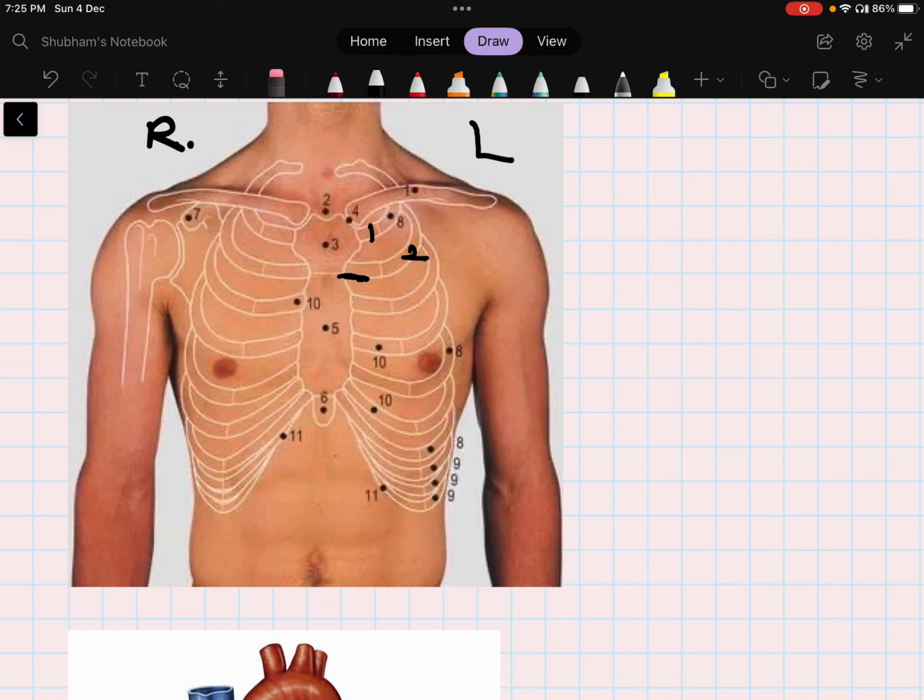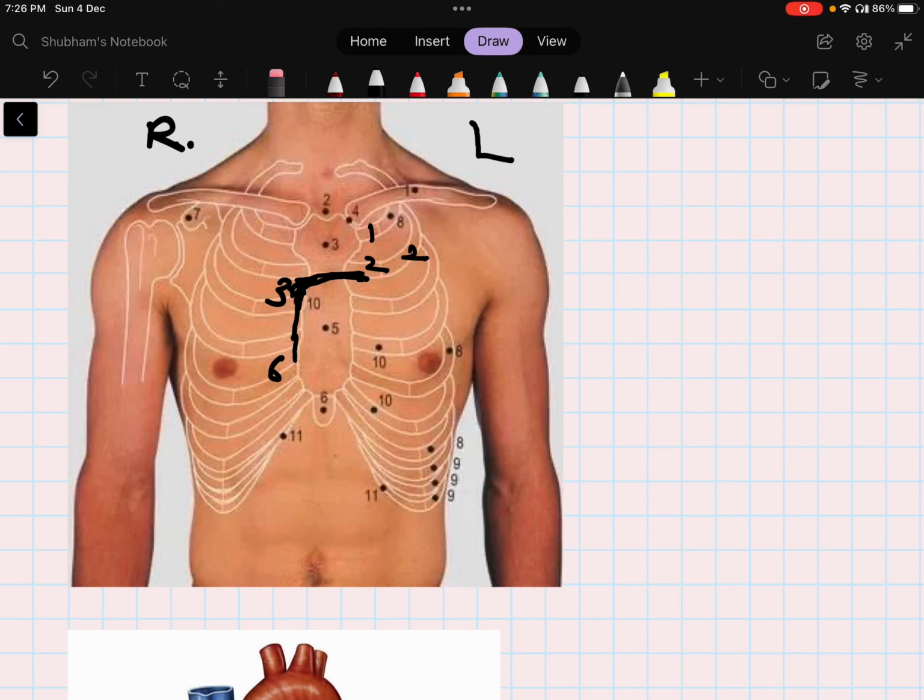On the right side, it extends into the superior border of the third costal cartilage, and from there it follows on the right side up to the sixth costal cartilage, right? So the second, third, sixth.